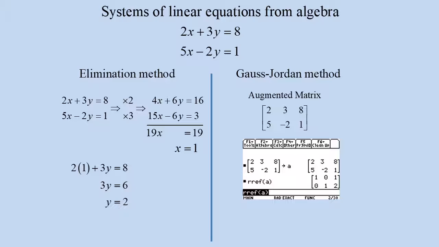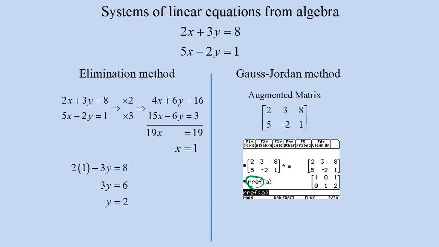On the TI-89, we have a command. By the way, we also have this on all the TI graphing calculators, but there's a command called RREF, which stands for Reduced Row Echelon Form.